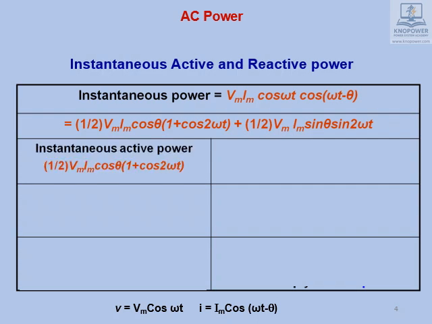The first part is instantaneous active power, equals 1 by 2 into Vm Im cos theta into 1 plus cos 2 omega t.